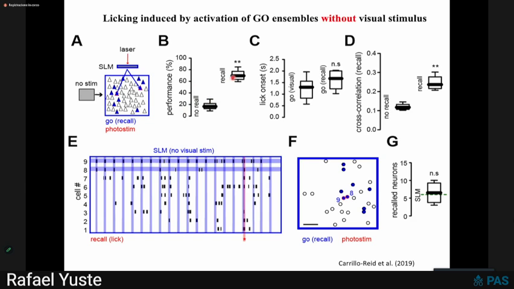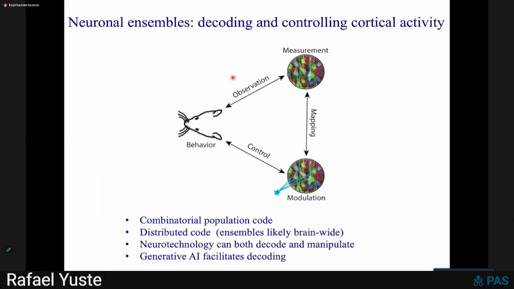So these experiments demonstrate that ensembles are causal, functionally necessary, and in other experiments we've proven that they're necessary and sufficient for behavior. So this suggests that we've broken one code, or maybe the code, of the cerebral cortex by manipulating these ensembles.